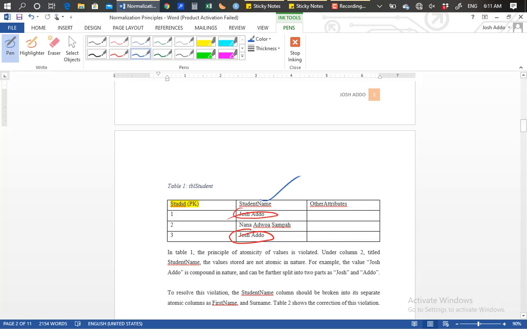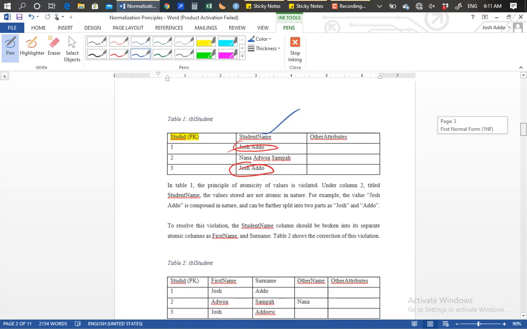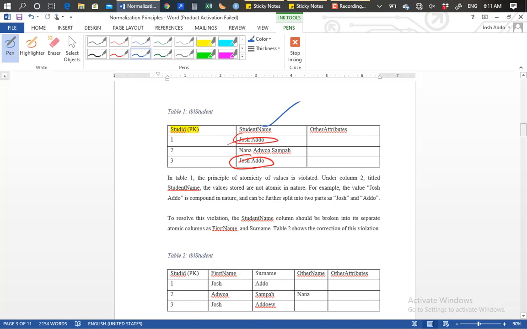How do we resolve this problem? Once we resolve this problem, then we are getting towards normalized, at least on first normal form principles. And the solution is simple. Make sure that each column contains one value.